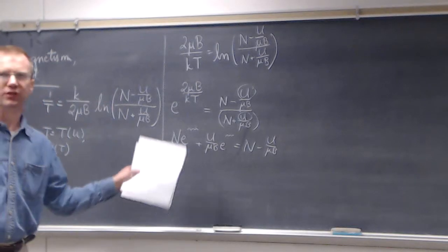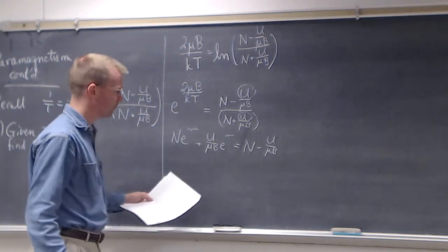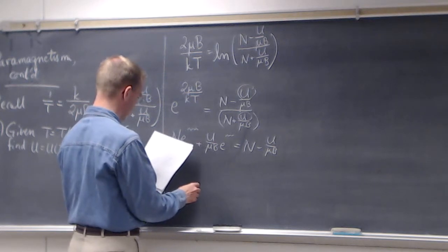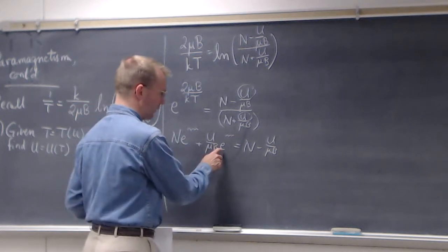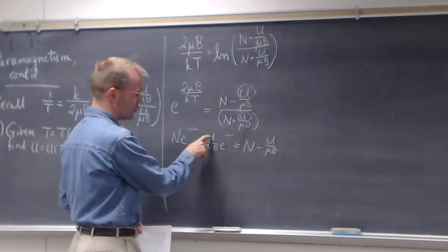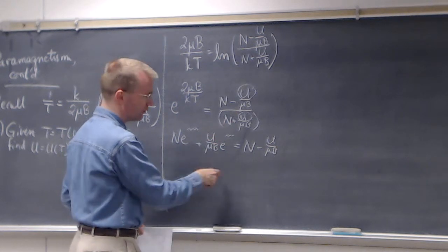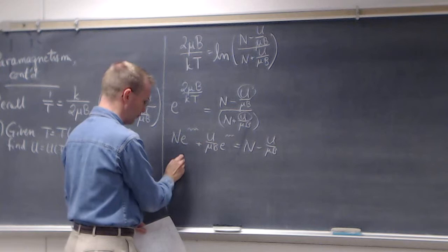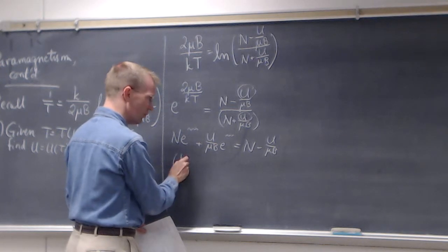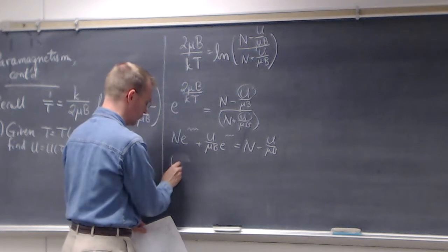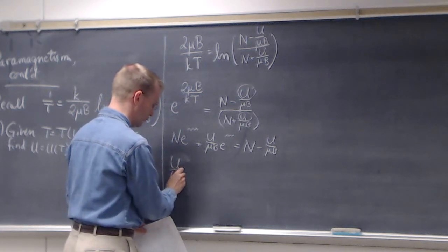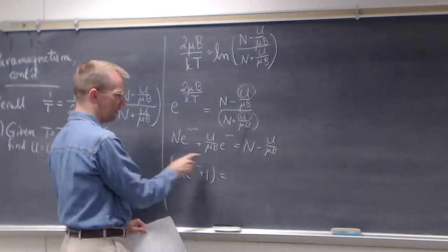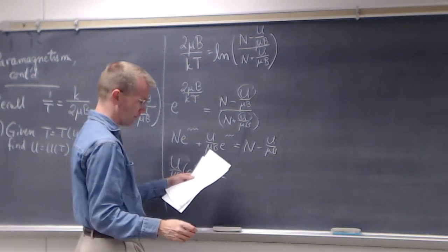Okay, now I want to gather the terms together that have energy in them and put everything else on the right-hand side. All right, so if I have u over mu b times e to the stuff, then plus u over mu b times, well, 1, I can gather those together on the left. And these will go on the right, so I'll have n minus, I think I should gather the terms there.